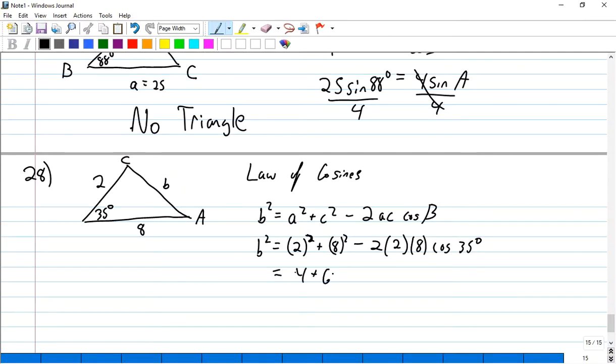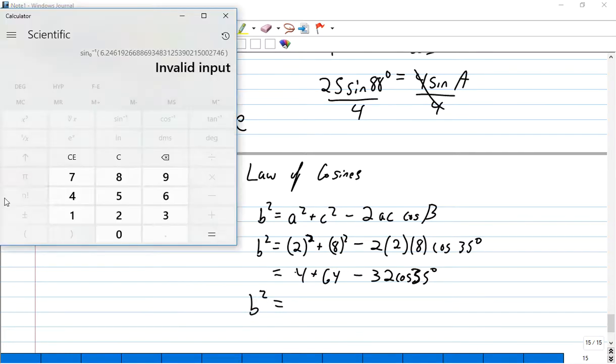So that's 4 plus 64 minus 32 times the cosine of 35 degrees. You need to put all that together and take the square root of it, because B squared equals that.